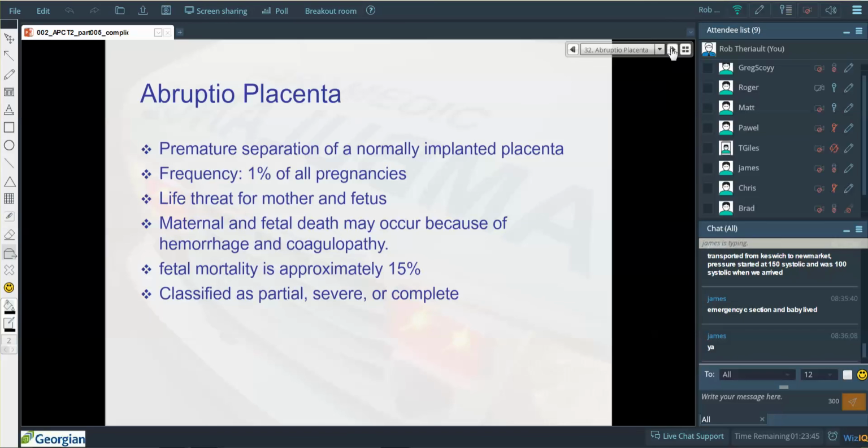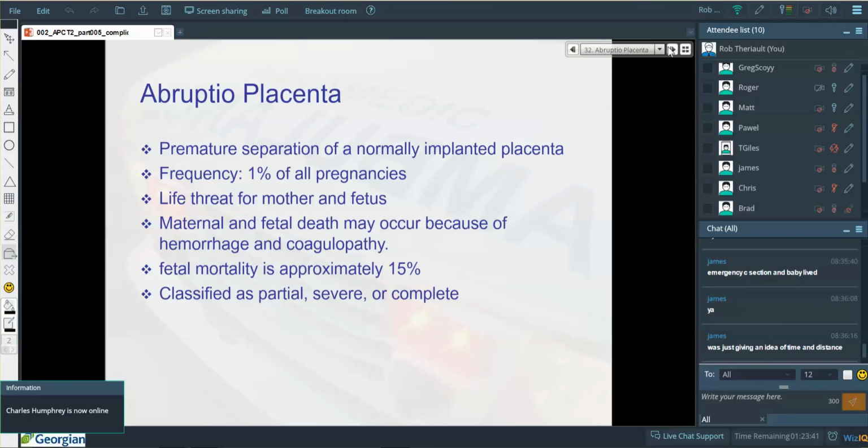So abruptio placenta can be classified as partial, severe, or complete, and mom will probably know just exactly what kind of placenta previa she has. Abruptio placenta is a different story altogether, and here are some examples.